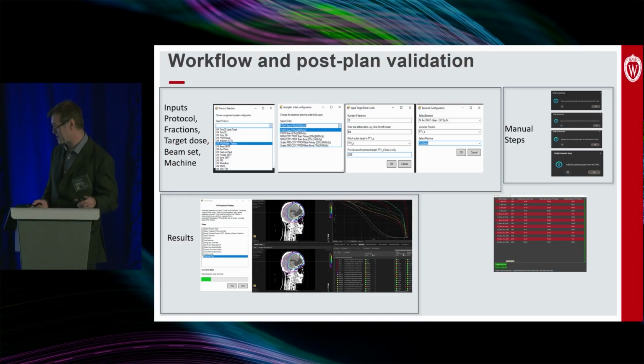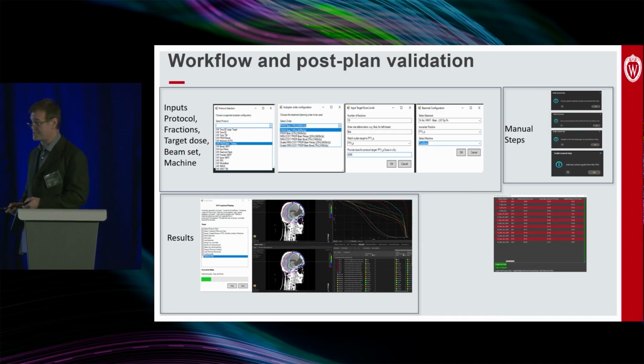So all of the planning structures, the rings, all that gets made. The optimization itself runs through a sequence of different warm starts. And then they end up with a plan that they can use at the end. And then the last little bit is another script that computes the suitability of the plan here by looking at the total dose, and then looking at the dose per beam, looking at the max dose within the beam to make sure that we don't have large regions of hot spots inside the target.